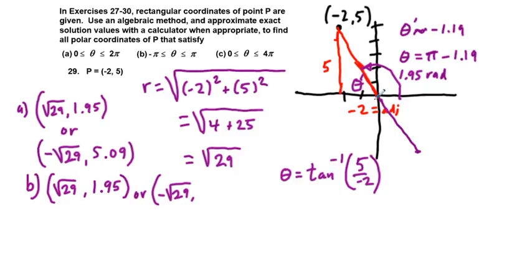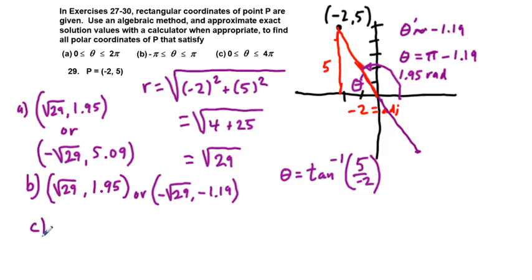Well, what that is going to do is rotate the opposite direction. So it's going to be negative 1.19. There's negative 1.19. We got to rotate another 180 degrees. So it's going to be negative 1.19. So that's going to be part B.